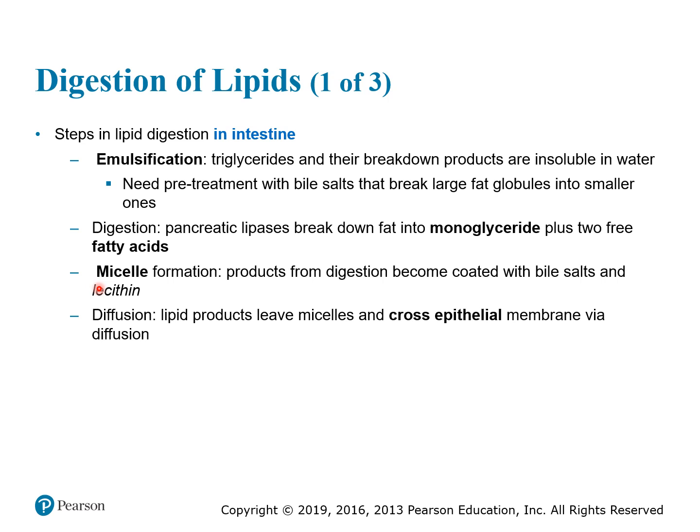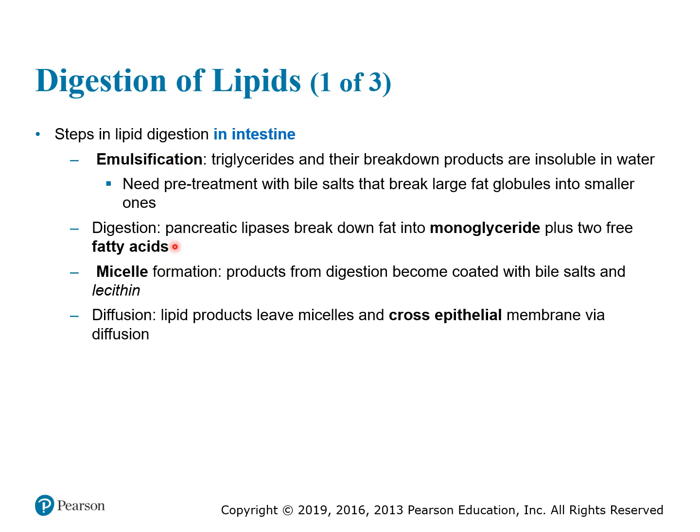Now these fatty acids, we know fats cannot travel in water, so the body has to find a way to make them travel in water. What does it do? This is all happening in the lumen. And then a micelle is formed. What is a micelle? Products from digestion become coated with bile salts and lecithin. Now these micelles are smaller than those in the emulsification step.